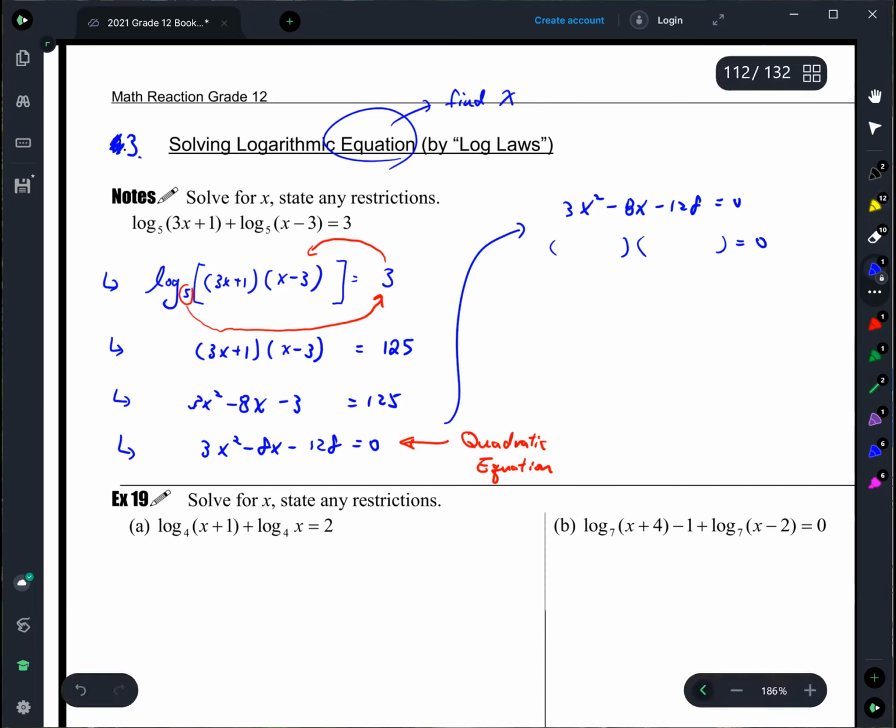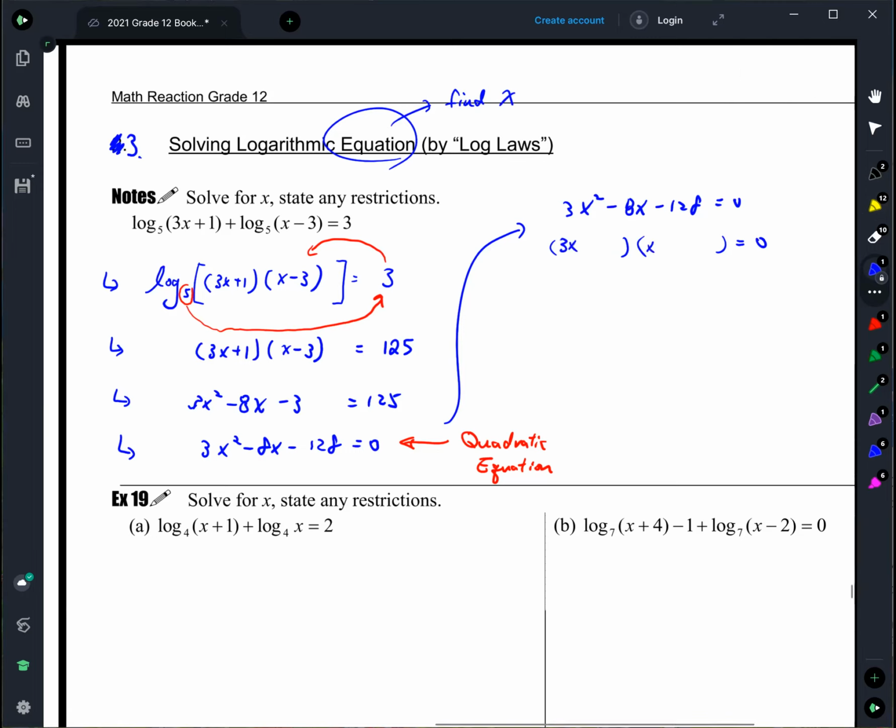It might take more tries to find it. But for the 3x, for sure, we know it can only break down into 3x and x. So please raise your hand after you got the pairs, the brackets.